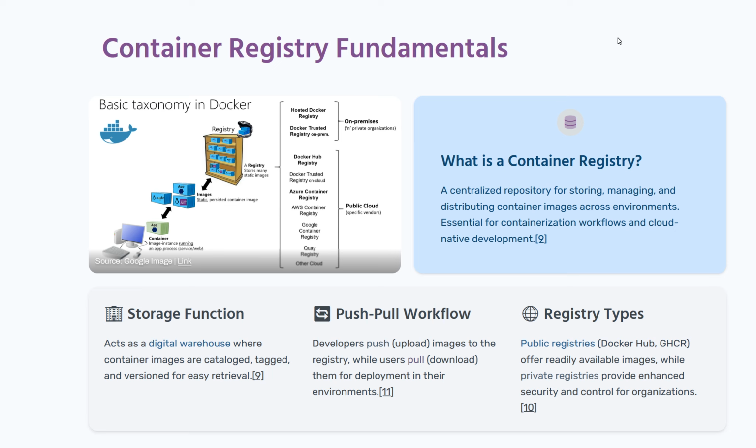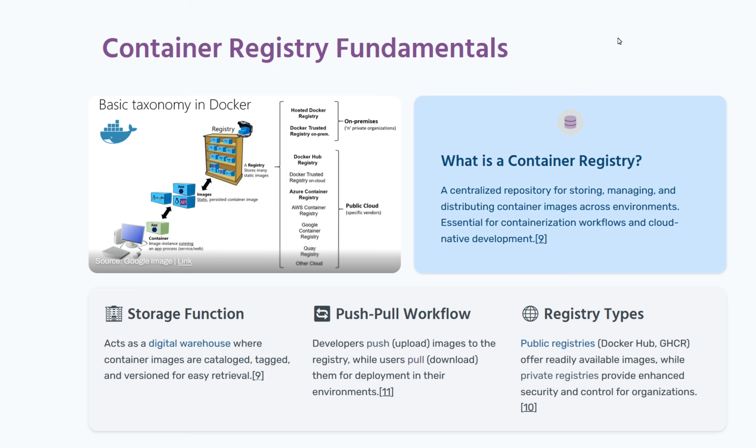So all of your images are in a centralized repository, so you can access them easily without any problem, right? Storage functions act as a digital warehouse where container images are cataloged, tagged, and versioned for easy retrieval. So that is storing containers. You have a catalog and you can tag them, and you have later versions when you modify them, right? You can keep a later version.